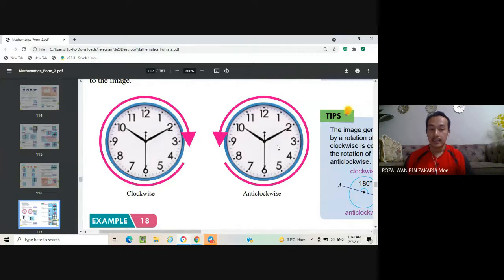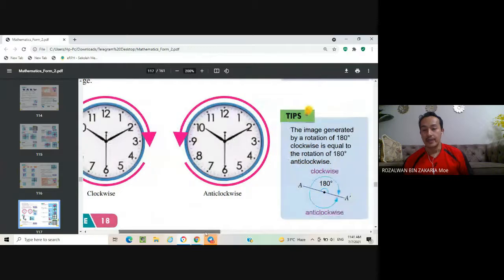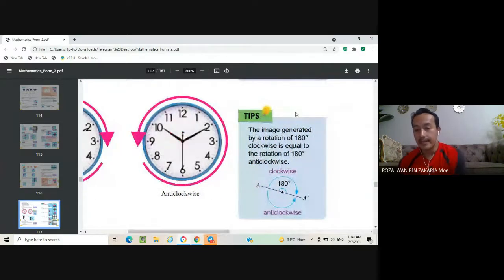Now this one, you also have to understand one tip. The image generated by a rotation of 180 degrees clockwise is equal to the rotation of 180 degrees anti-clockwise.